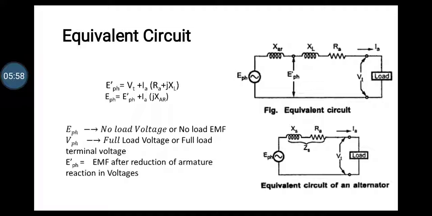So only the resistance Ra and the other two reactances, XAR plus XL, combined together give the total impedance Zs.